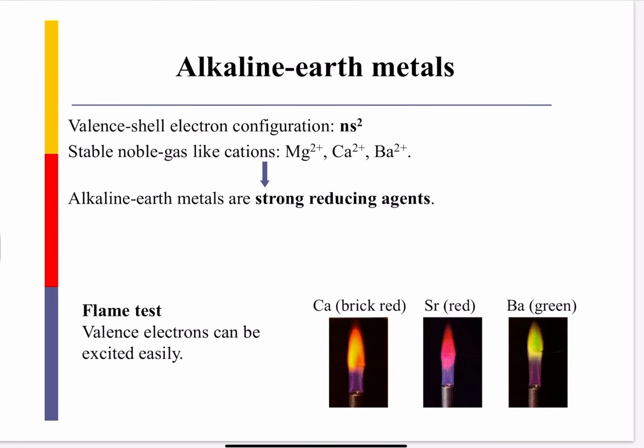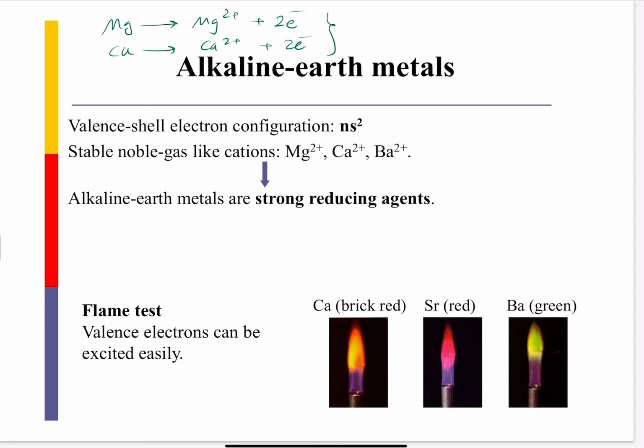The stable form is to lose two electrons, for example magnesium loses two electrons and becomes magnesium 2+, and calcium is the same. And they are also very strong reducing agents because they give electrons to other compounds.